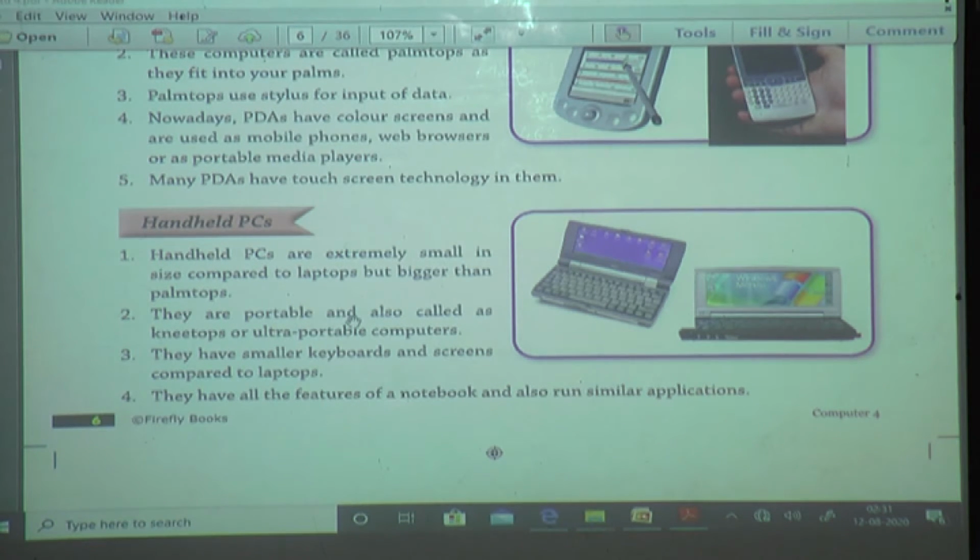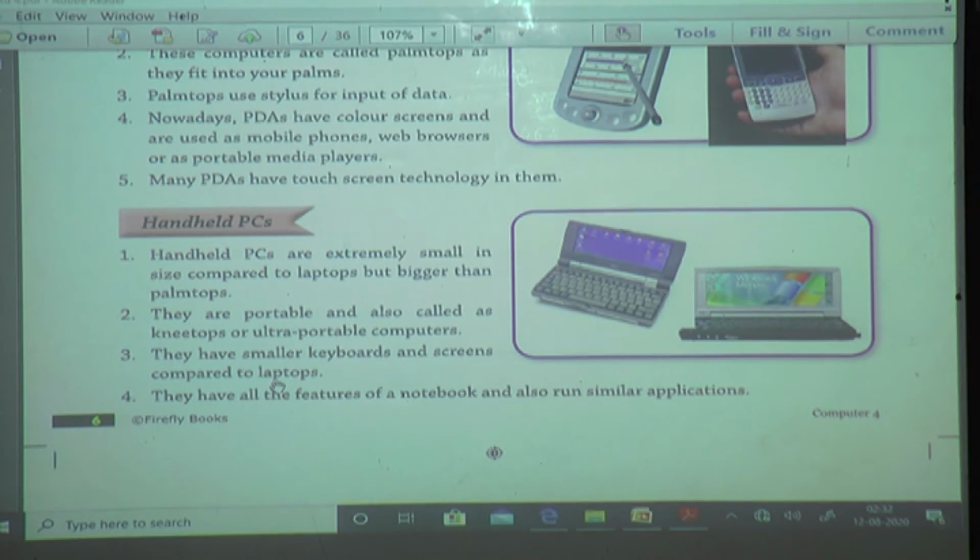They are portable and also called NETOPS or ultra portable computers. They have a smaller keyboard and screen compared to a laptop.